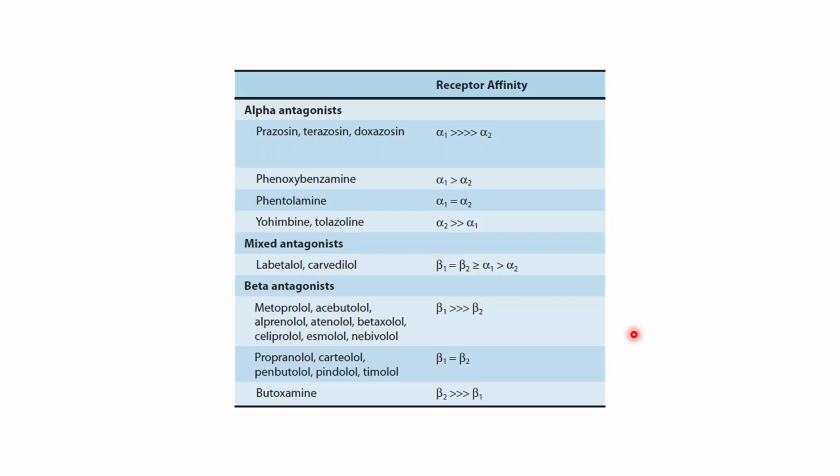Urapidil is an alpha-1 antagonist that also has weak alpha-2 agonist and 5-hydroxytryptamine 1A agonist action and weak antagonistic action at beta-1 receptors. It's used as an antihypertensive agent and also for benign prostatic hyperplasia. Labetalol has both alpha-1 selective and beta antagonistic effects. It is discussed later.